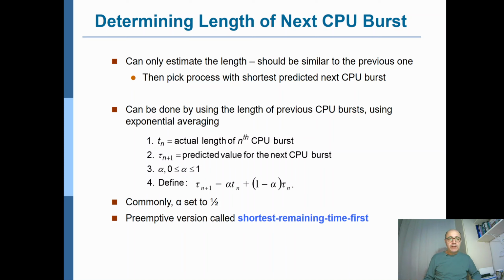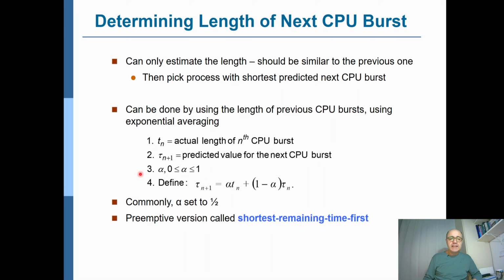If what I have already observed for the nth CPU burst is represented by T sub n, I can predict the length of the n plus first CPU burst as tau sub n plus 1. Here we're going to use a weighing parameter represented by alpha, which is between 0 and 1, typically what we use for weights.